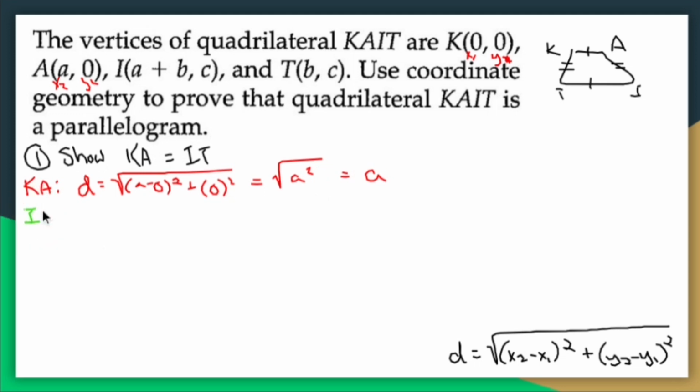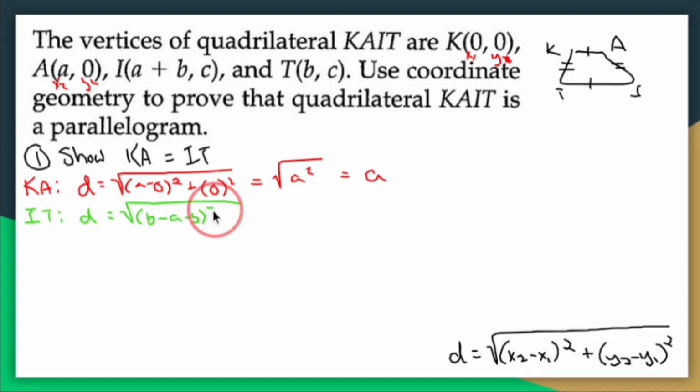So IT, distance formula. Okay, let's let one point be our 2's and the other be our 1's. So x sub 2 minus x sub 1 is going to be a plus b minus b. Now be careful. If I'm subtracting both a and b, it's going to be a minus b.